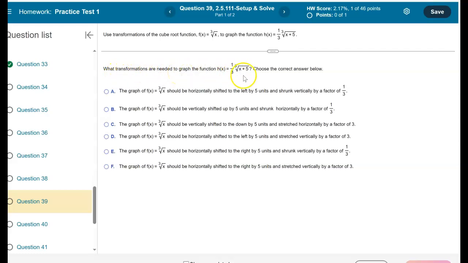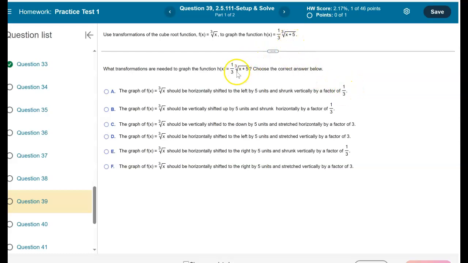Because the 1/3 is being multiplied to the cube root of x, outside of the cube root sign, and that is less than 1, you have a vertical shrink by a factor of 1/3. Shrunk vertically by a factor of 1/3.